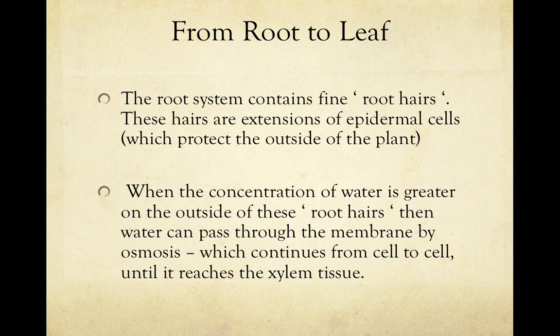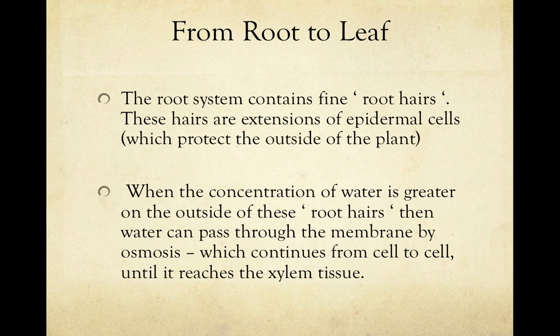So from the root to the leaf, what does it look like from the bottom? Well, at the bottom end, there's a root system that contains fine root hairs. The hairs are extensions of epidermal cells, and these are the cells which protect the outside of the plant. When the concentration of water is greater on the outside of these root hairs, then the water can pass through the membrane by osmosis.